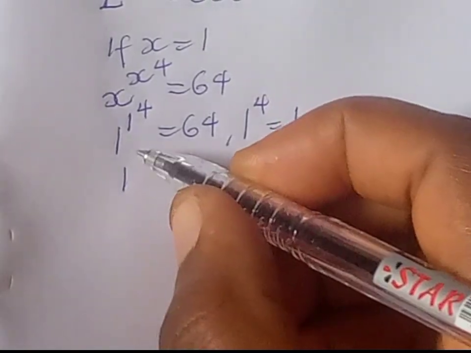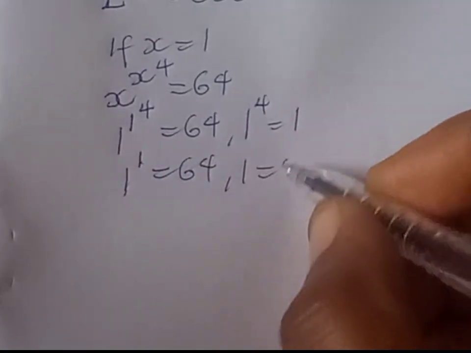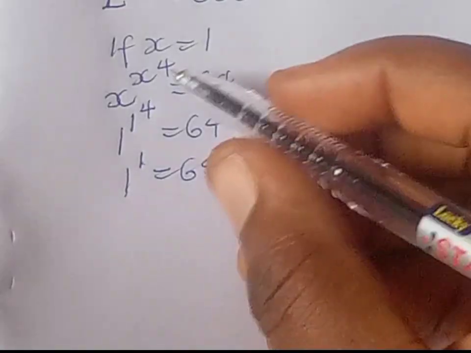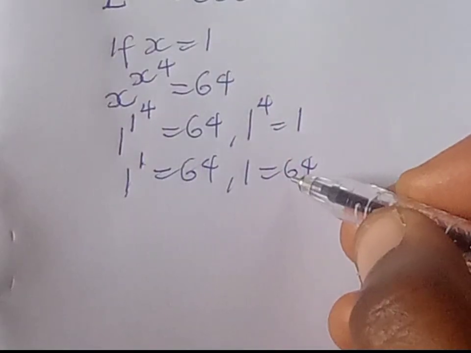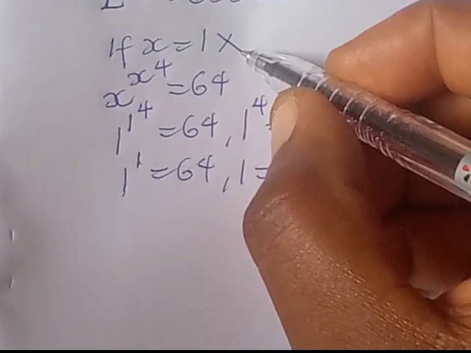So 1 raised to the power of 1 is 1. So 1 equals 64 does not work for this equation. So x equals 1 does not work. This is also wrong.